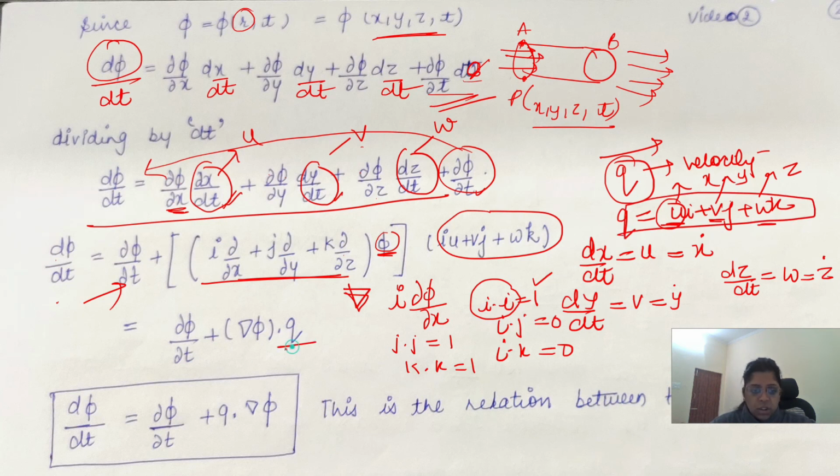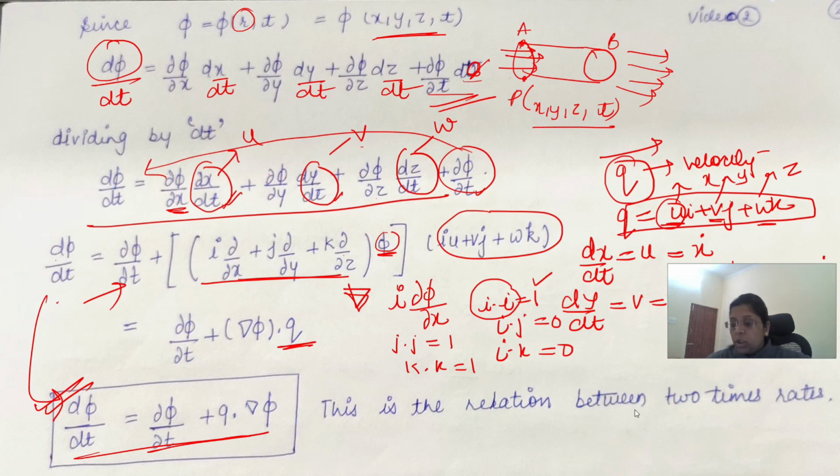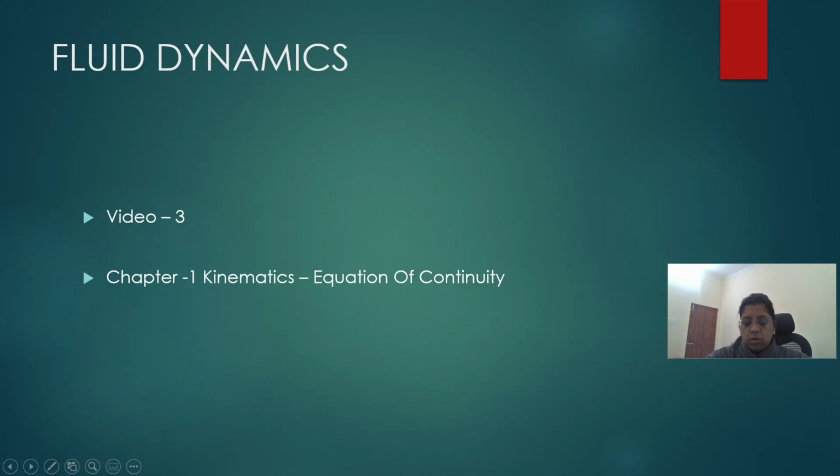So d phi by dt can be written as del phi by del t plus q dot grad phi. This is the relation between the two time rates, the local time rate and the individual time rate.